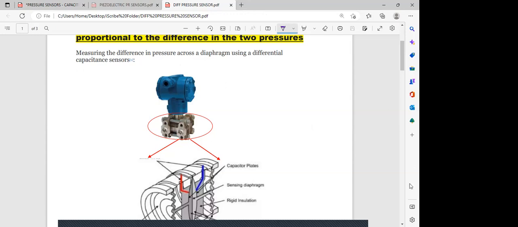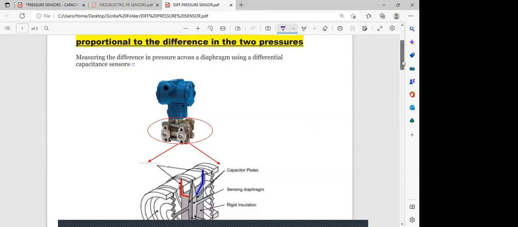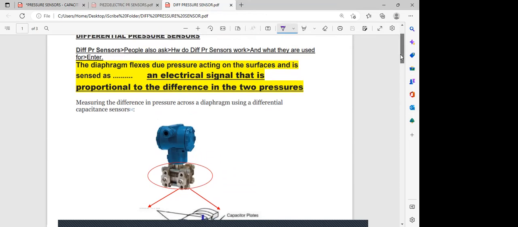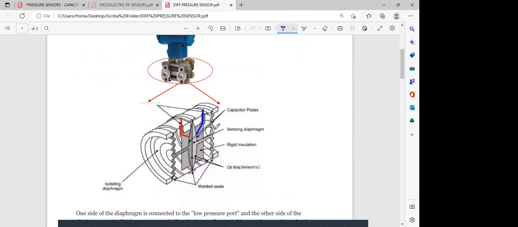We would have seen a differential pressure sensor looking something like this, especially for your boiler. So what is a differential pressure sensor? It has a diaphragm. Where is that diaphragm located? If we cut it in such a way, this is that diaphragm over here.